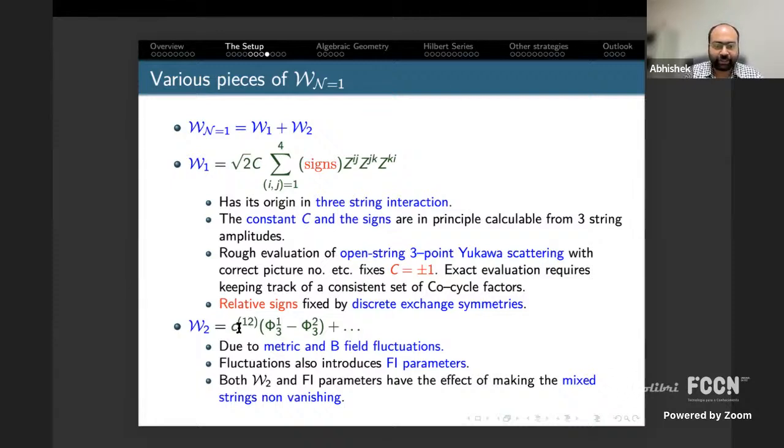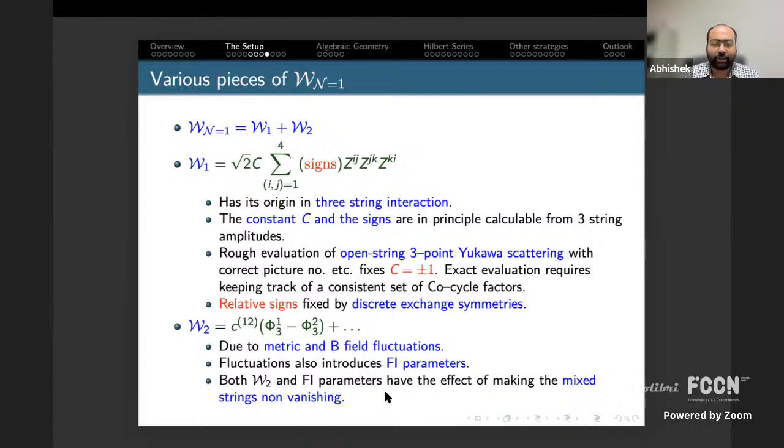For that, you need a term like this in the SUSY quantum mechanics Lagrangian. These terms are also necessary because they make sure that all your Zs do not vanish, so all the mixed strings do not vanish. That is, you basically get a bound state.